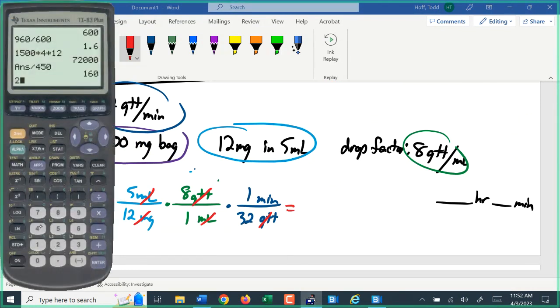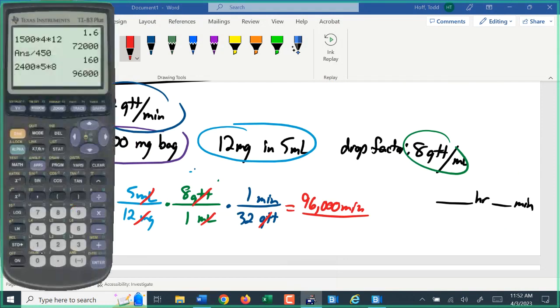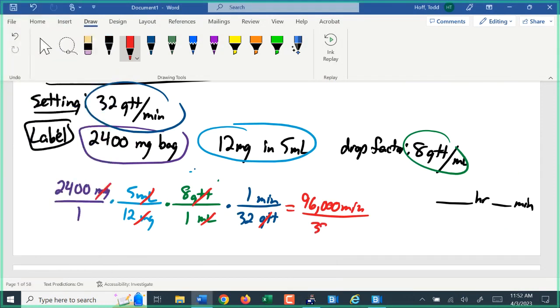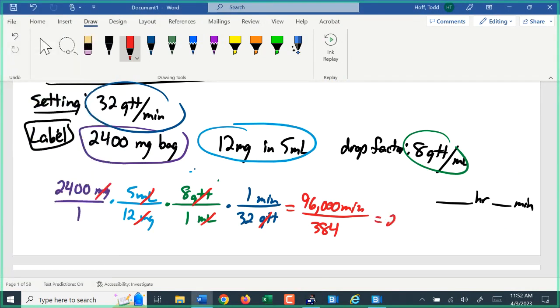We have 2,400 times 5 times 8 times 1 minute is 96,000 minutes. Over on bottom there, we have 12 times 1 times 32 is 384. So we just divide that out. 96,000 divided by 384 gives us 250 minutes.